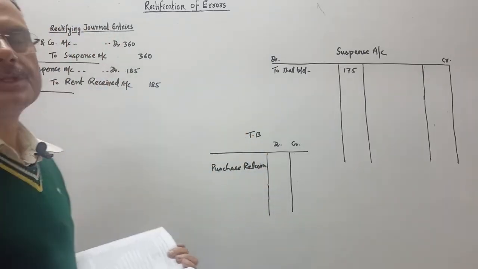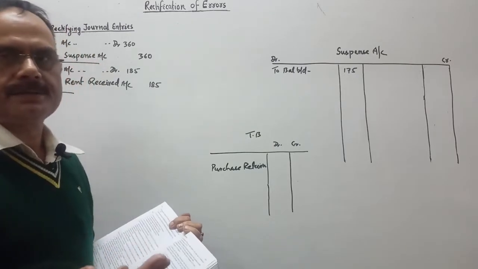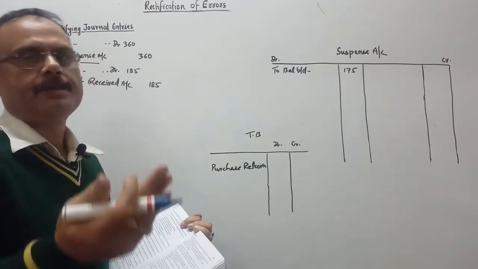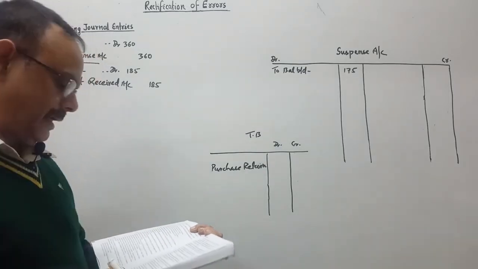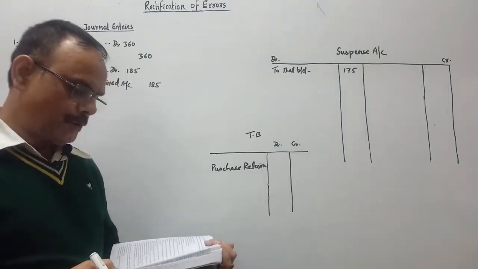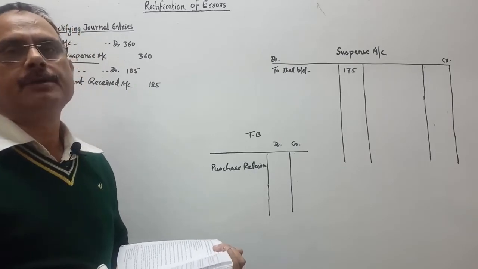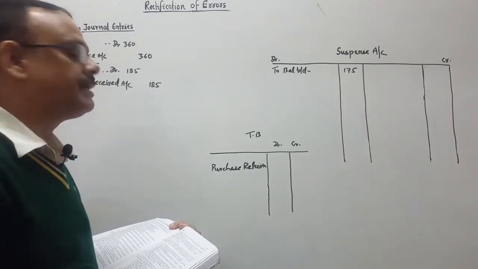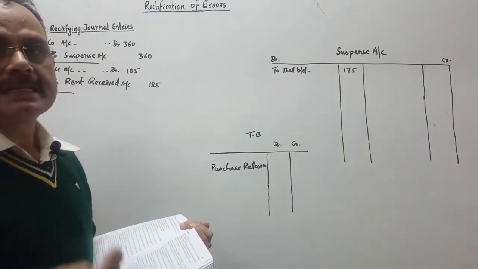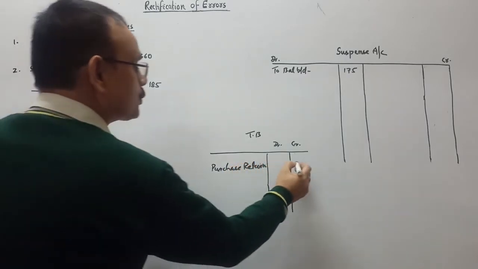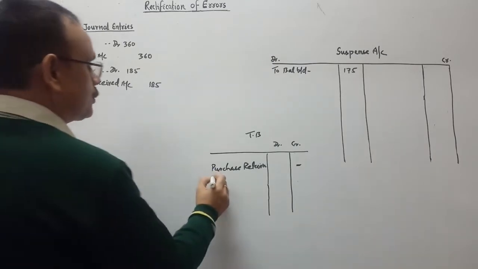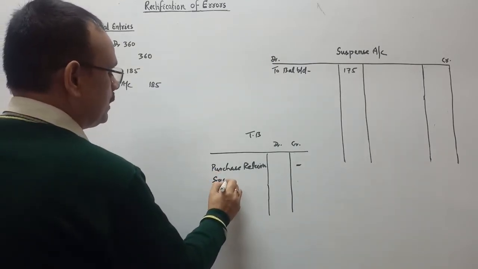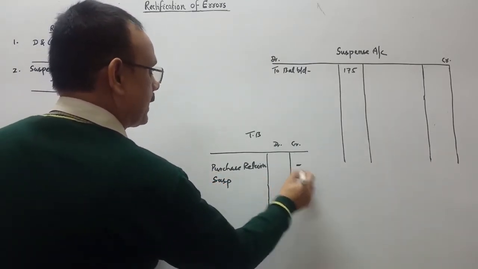Which balance does the purchase return account have, debit or credit? It has a credit balance. Purchase has a debit, so purchase return has a credit balance. So the total of 200 was not posted to the ledger of the purchase return account. It is not posted over here. So the suspense account will be opened on this side, 200.